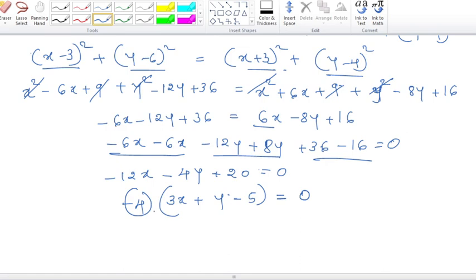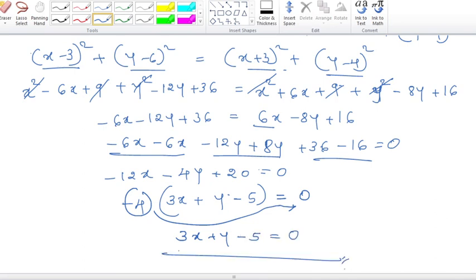Then minus 4 comes to the right side and it becomes 0. So we get 3x plus y minus 5 is equal to 0. This is the required relation.